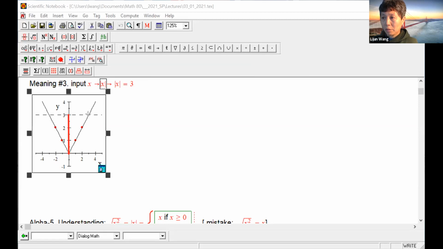So this is output is 3, on the curve. So if this is the rule and we know the output is 3, can you give me the inputs? What are the inputs that will make the output 3?